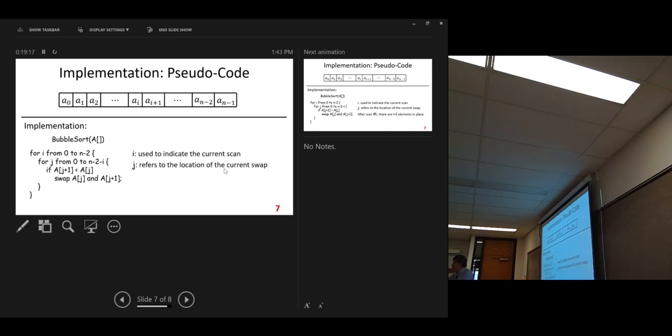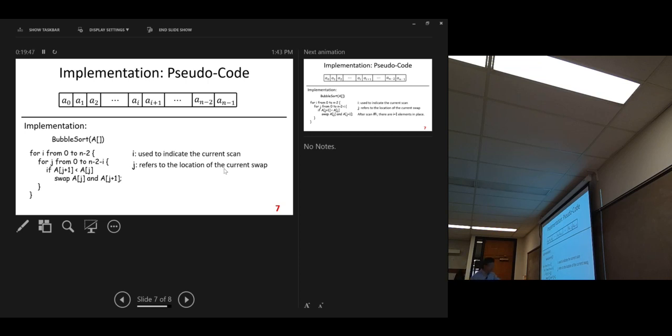That means we have n minus 1 scans. Every scan, you put one element in place. After n minus 1 scans, you put n minus 1 elements in place. Then you only have one element left. It must be in place, right? So it's already good enough to sort the whole array.